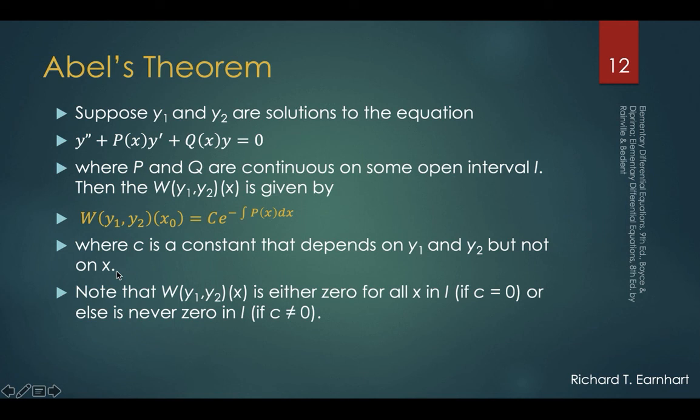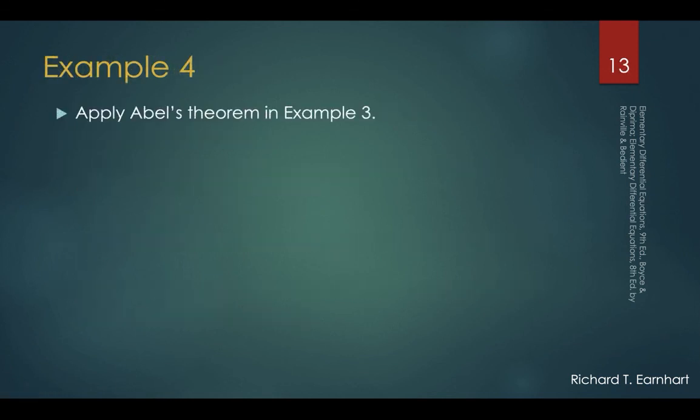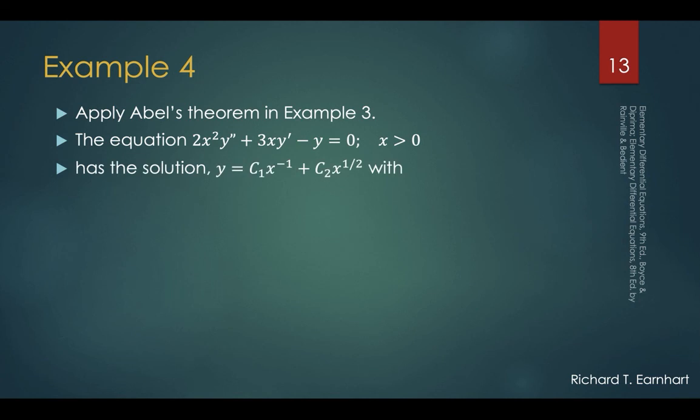So note that your W, your Wronskian, is either 0 for all x in I if c is equal to 0, or is never 0 in the interval I if c is not equal to 0. Let's have an example. Okay, consider the previous example, same equation, Euler equation in particular.